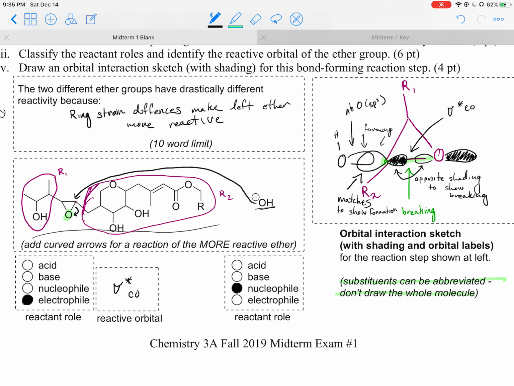My bad. This is why I don't do orbital sketches very well. But yeah, the electrons are going to be in a non-bonding O sp3 orbital. So yeah, that's going to be that.